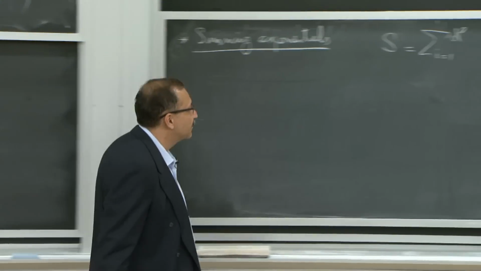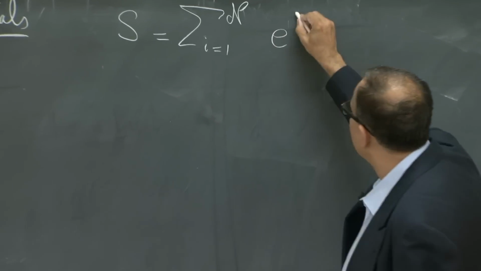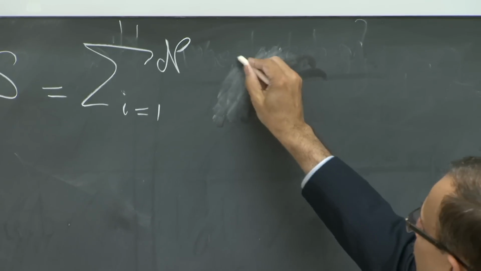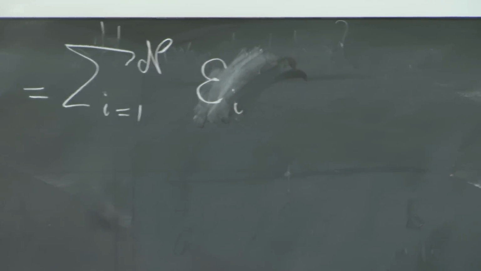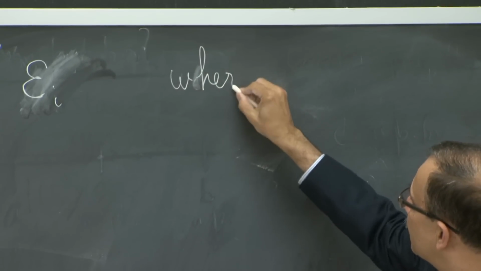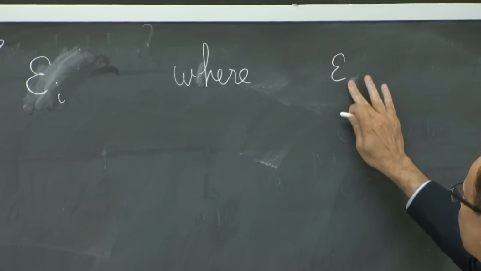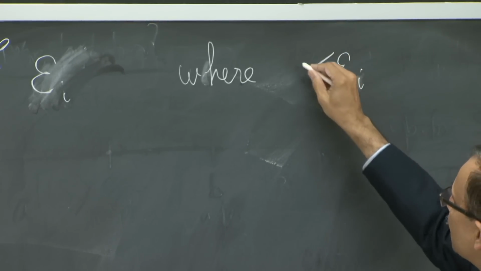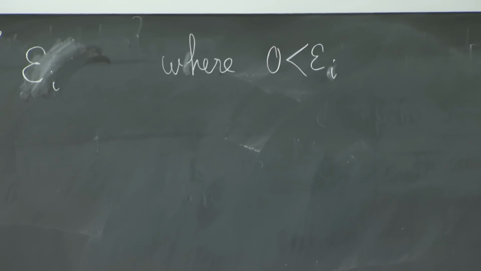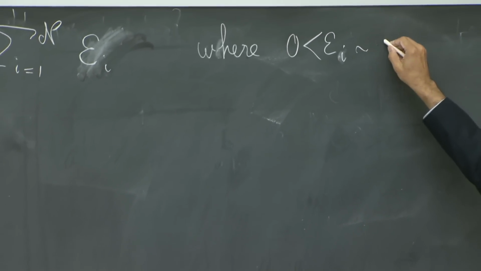So let's call these e to the n phi. Let me write it in this fashion: epsilon i, where epsilon i satisfies two conditions. One of them is that it is positive, and the other is that it has this kind of exponential dependence.